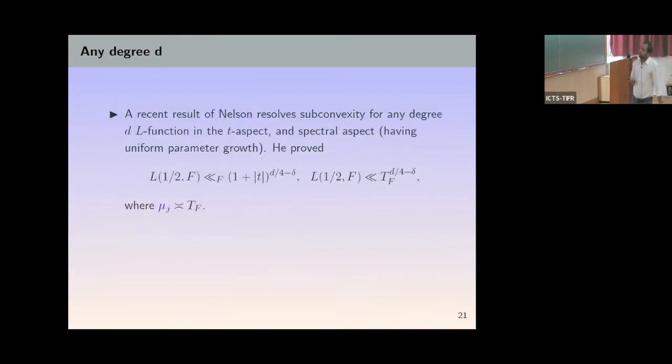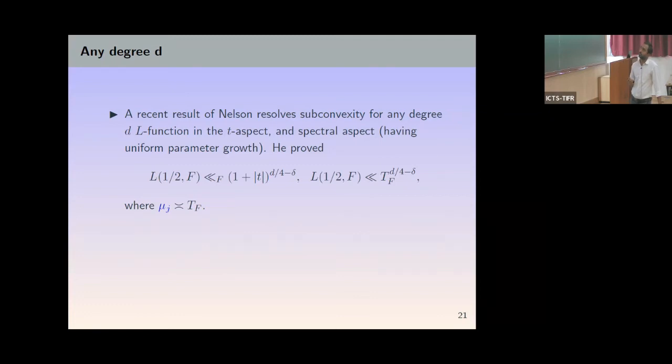So let's move on to higher degree. What is known for higher degree? A very recent result is by Paul Nelson. He resolves subconvexity for any degree d L-functions in the T aspect and the spectral aspect. In the spectral aspect, he assumes that these local parameters have uniform parameter growth.